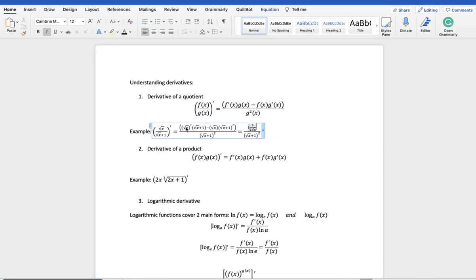Okay, you can just double check that, and that is multiplied with the square root of x plus 1, minus now the square root of x, right? Multiplied by the derivative of the square root of x plus 1.